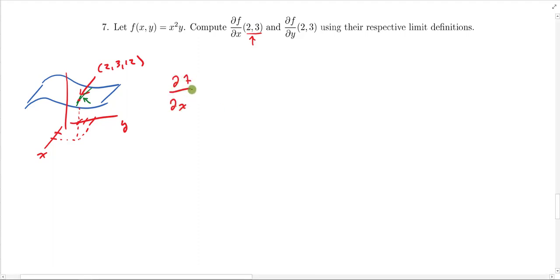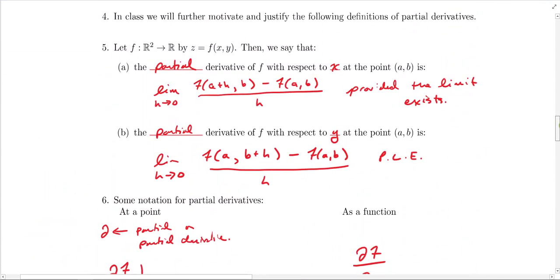Partial f, partial x, evaluated at, let me write it this way, evaluated at (2, 3) is equal to the limit as h approaches 0. And here we're just going back to those definitions from the previous page.